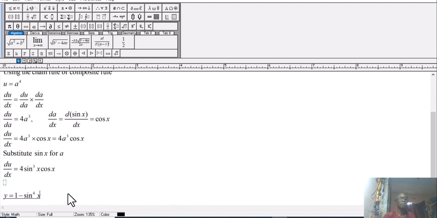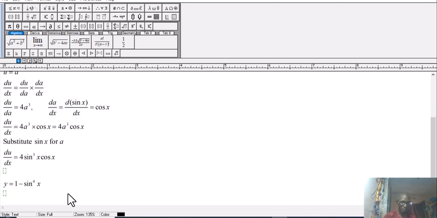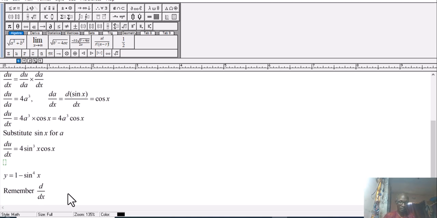So I want you to remember that d/dx of sine to the power 4 x will give you 4 sine cubed x cos x. So I want you to remember that.